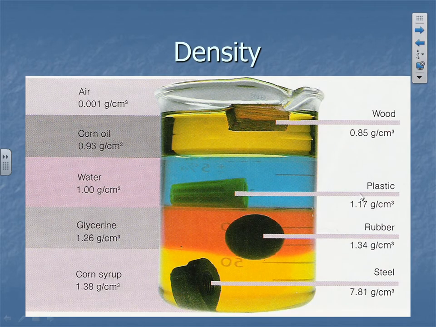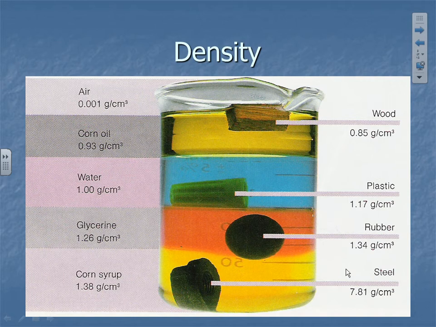But more importantly is, what do the differences in density do? So this picture here is a picture called a density column. It's just a beaker that is filled with different materials, but each of those materials has a different density. And as you can see from the density column, those materials will separate themselves out based on their densities.